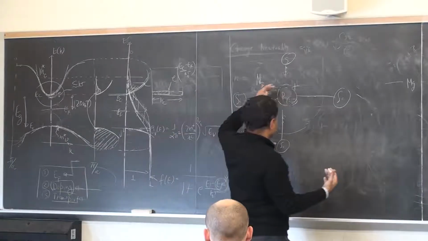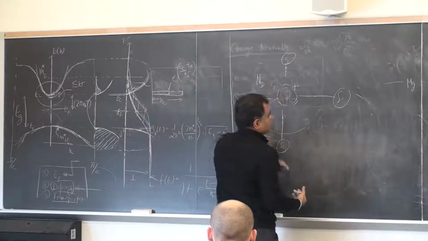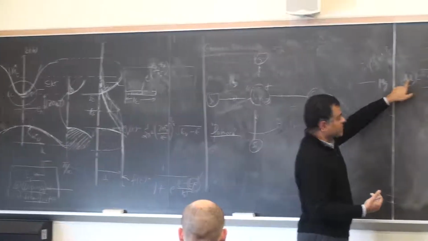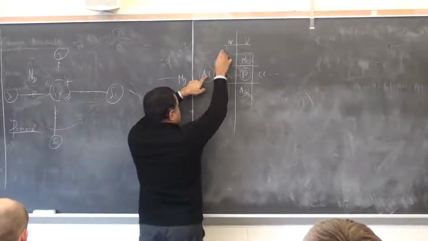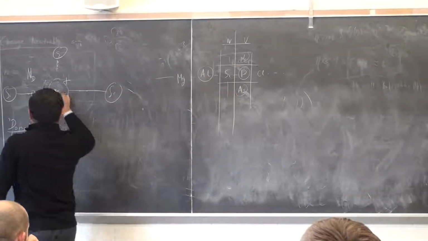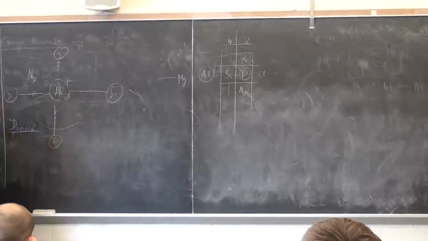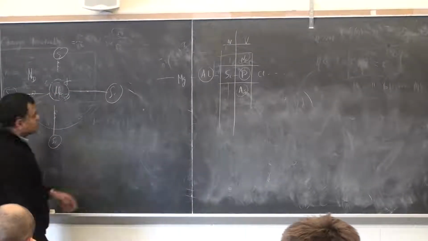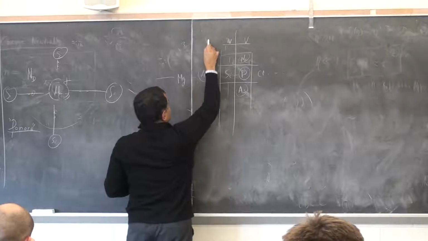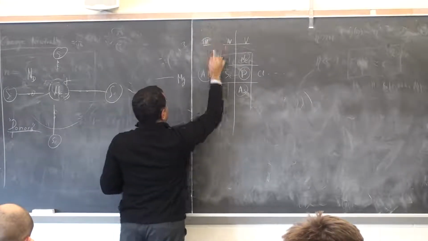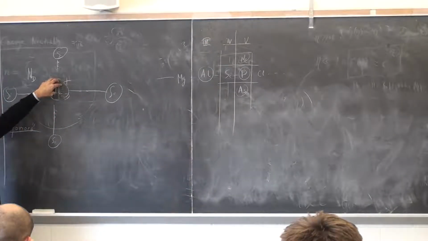What would an acceptor do? For example, what would I choose for an acceptor? Perhaps aluminum. Aluminum is on the left, so it's group 3. If it's group 3, then it has one less electron.